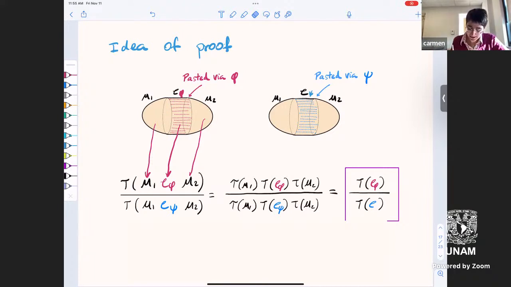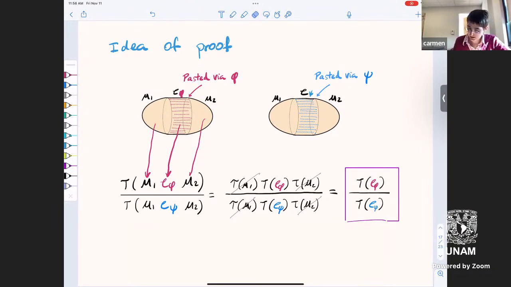By one of the axioms, I know that I can decompose this into tau of the first thing, tau of the cylinder, tau of the other piece. That's what the first equality does. And now I see scalars, so I can get rid of them, and I'm left with the expression in the purple box.